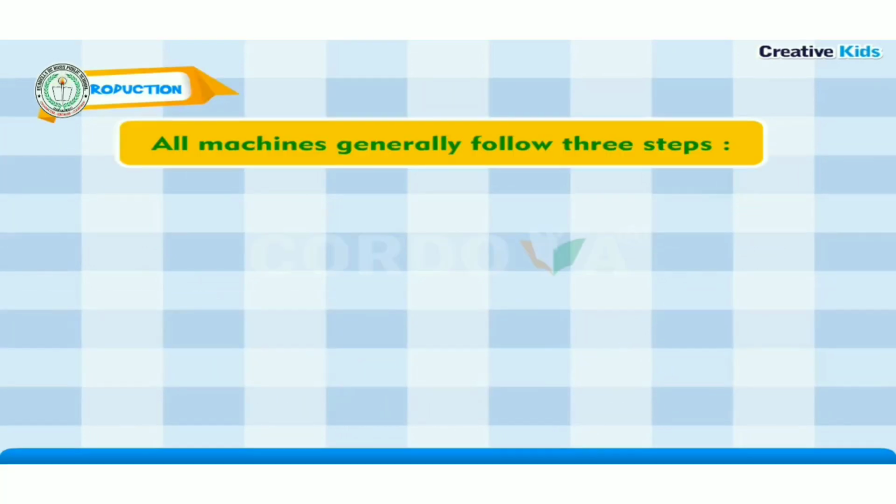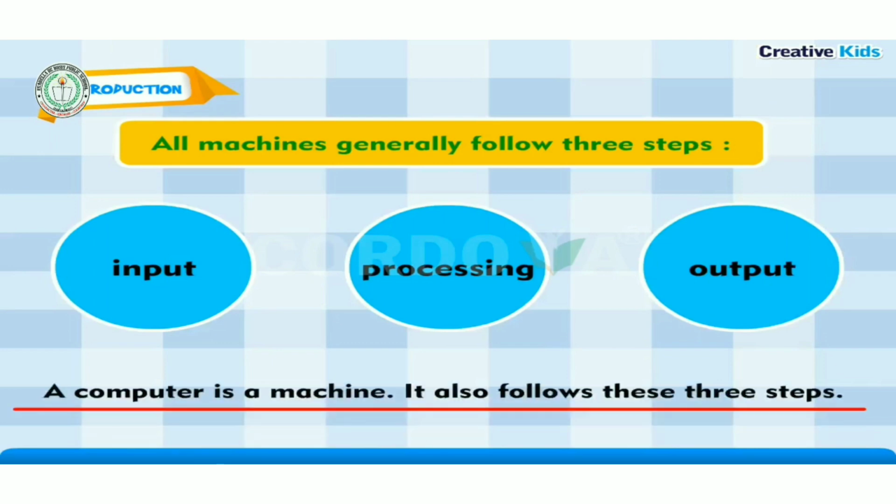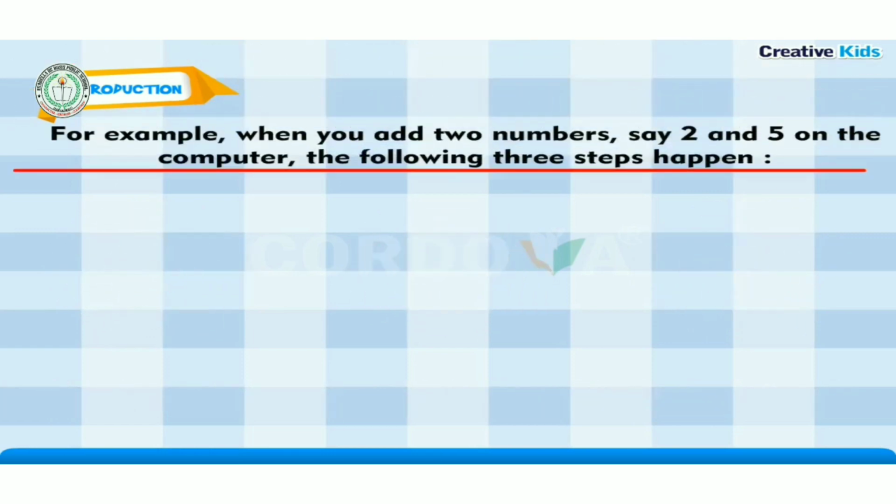All machines generally follow 3 steps: input, processing, output. A computer is a machine. It also follows these 3 steps. For example, when you add 2 numbers, say 2 and 5, on the computer, the following 3 steps happen. Step 1. Type 2 plus 5 using the keyboard. This is input.